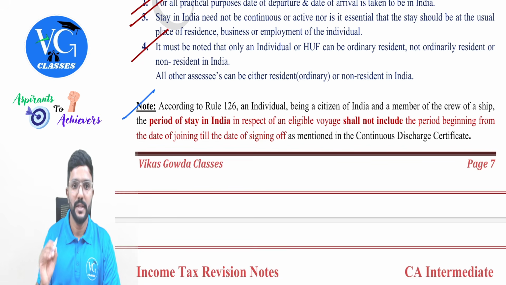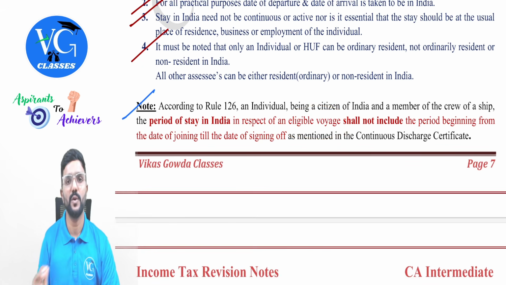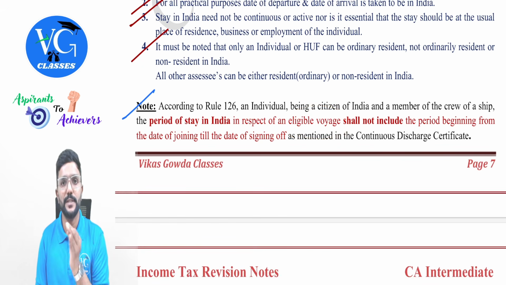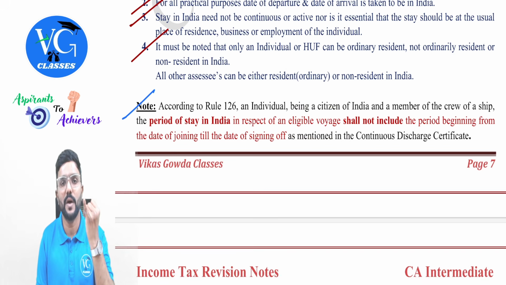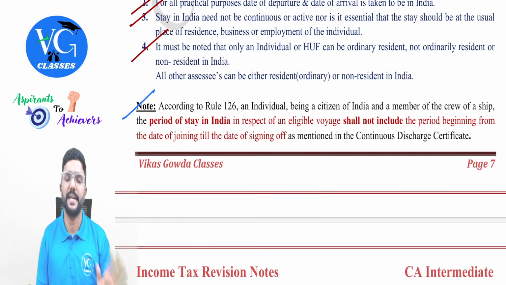a ship, the period of stay in India in respect of an eligible voyage. Sir, what is an eligible voyage? Guys, an eligible voyage means one which is carrying passengers and goods in international traffic. Either the origination port or the destination port is in India and the other one is outside India.